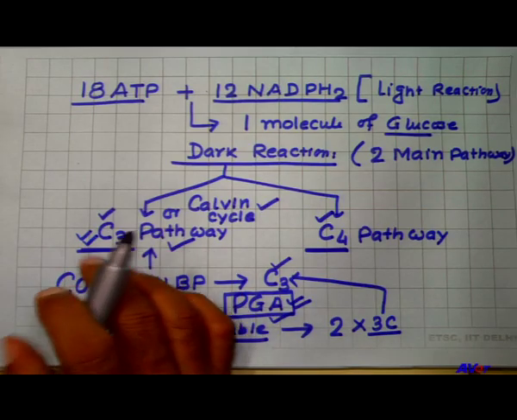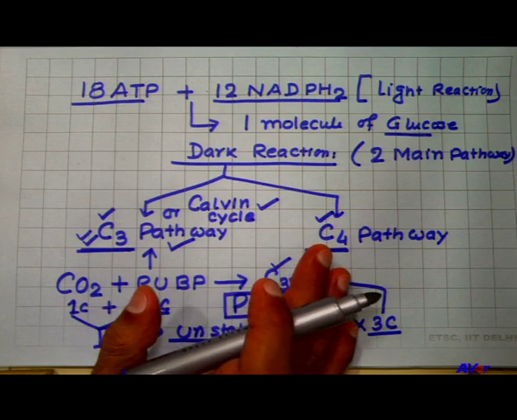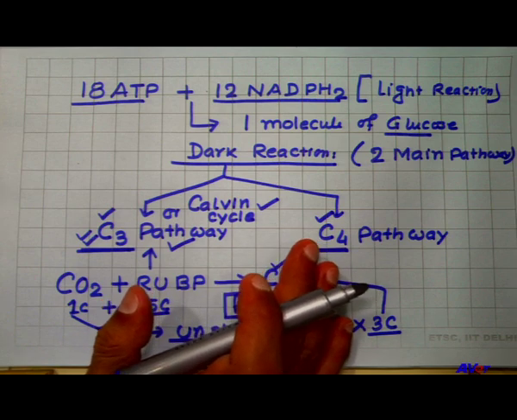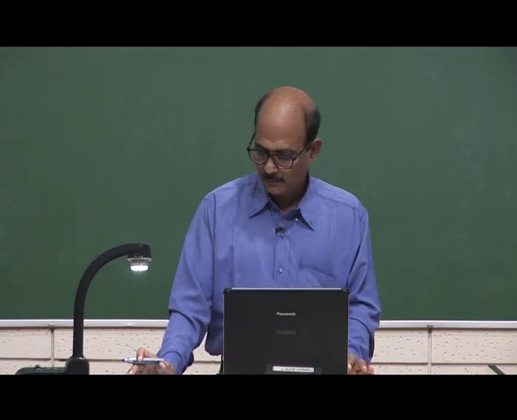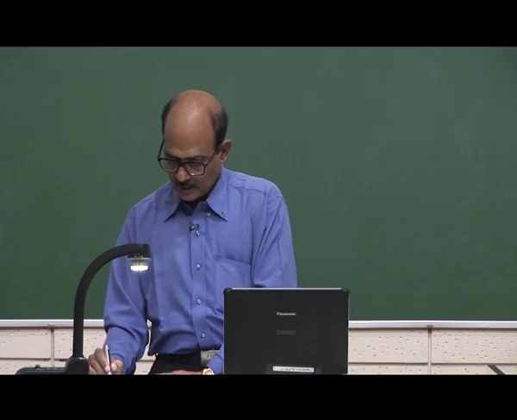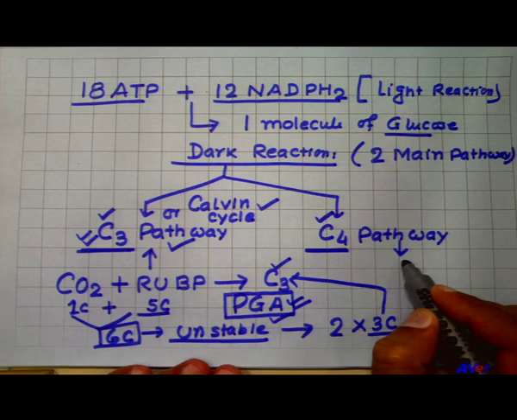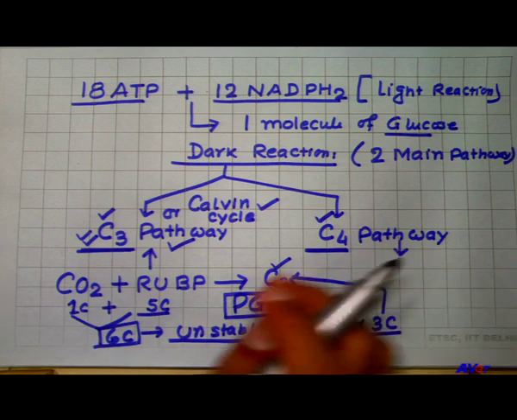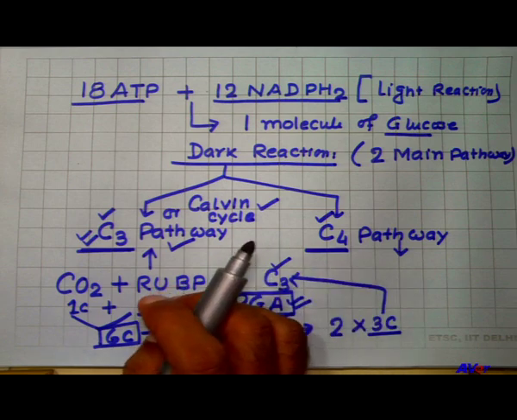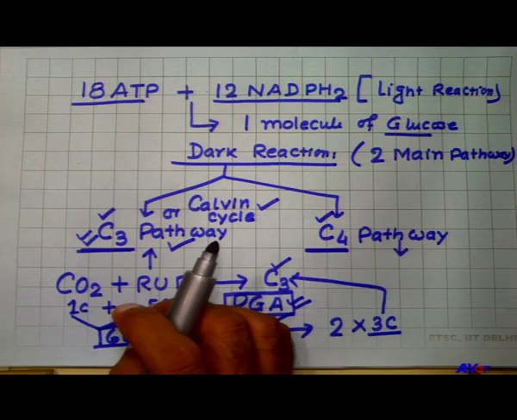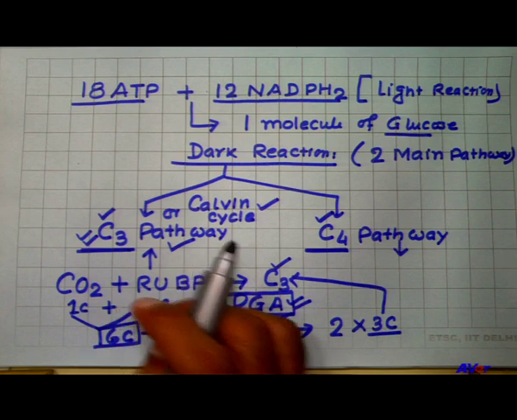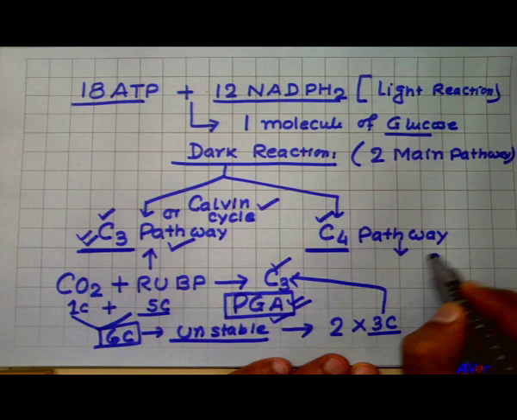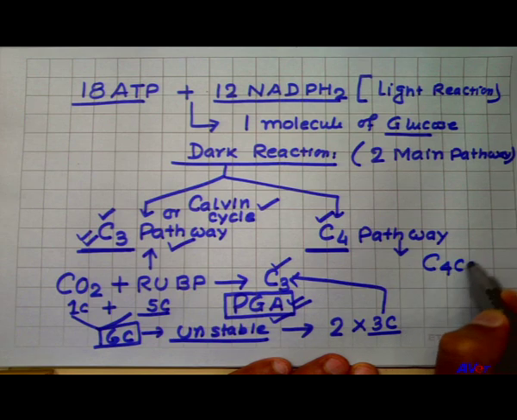Until the 1960s it was known that only the C3 pathway operated in the atmosphere and the first stable compound is C3. But after the 60s it was found that there are many plants like sugarcane and many monocotyledonous plants where the first stable compound is a C4 compound.